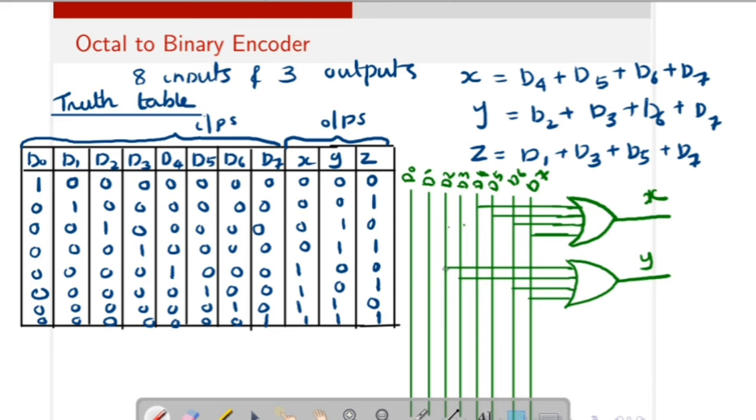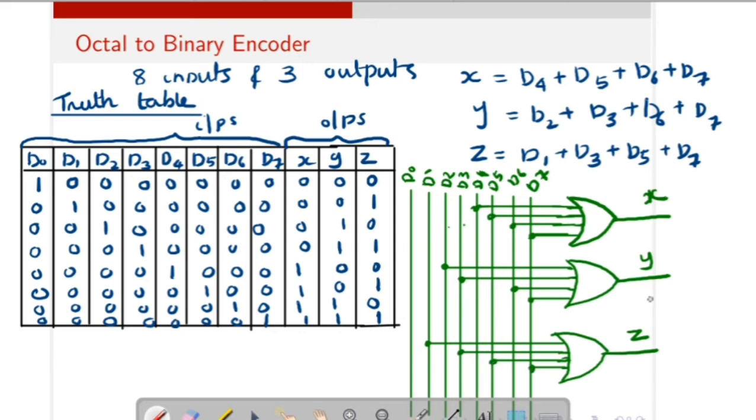Darken the connection points. Next z is equal to D1, D3, D5, D7, or these terms. This is z. So darken the connections.